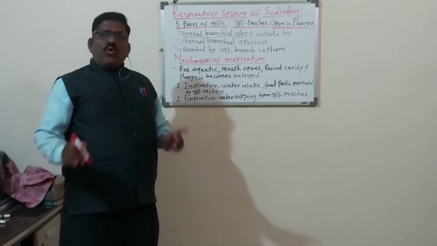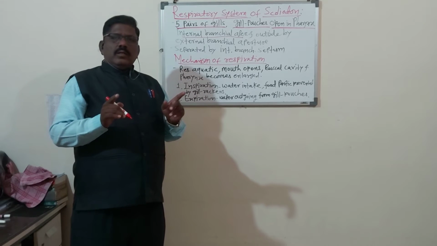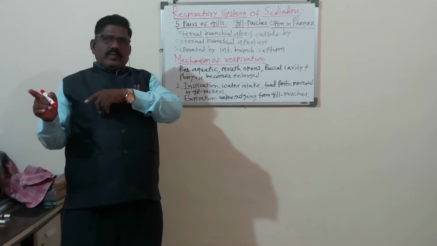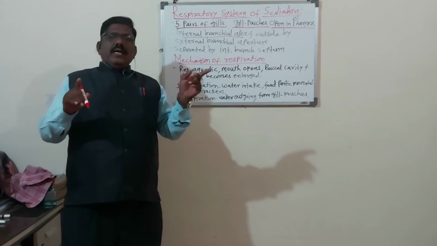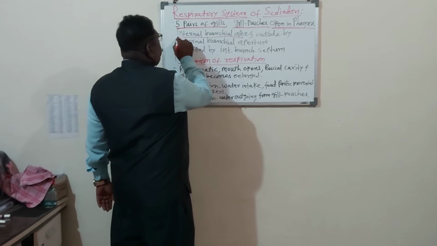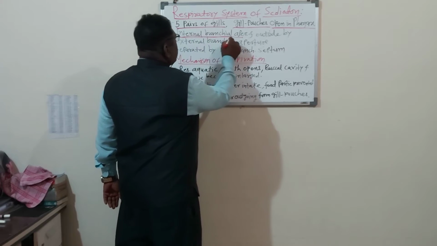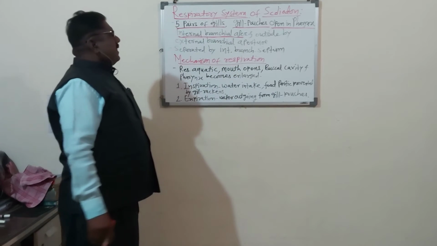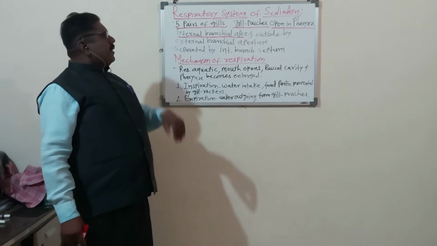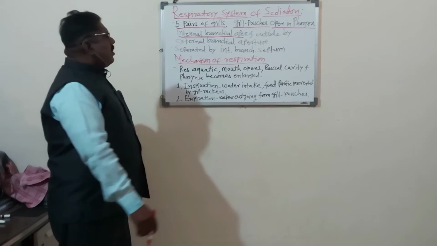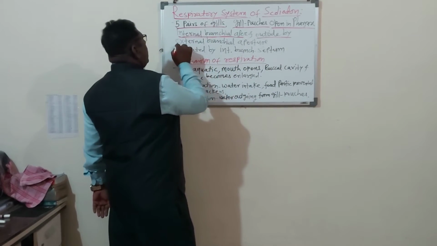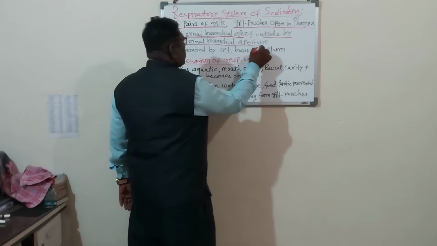The gills have two openings, outer openings and inner openings, exterior opening and interior opening. The internal opening is called the internal branchial aperture. Branchial is concerning the gills. The other side of the gills, which is outside, is called the external branchial aperture.